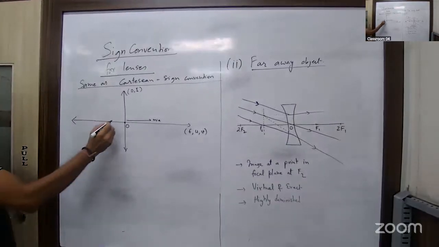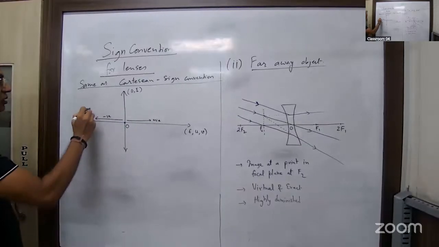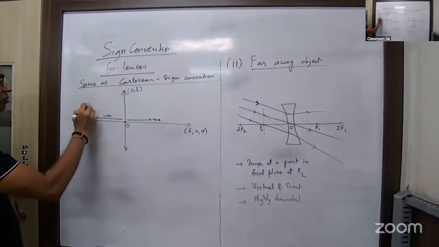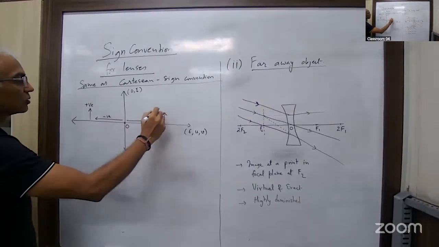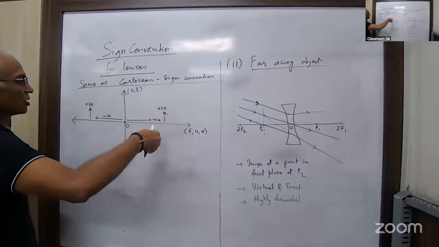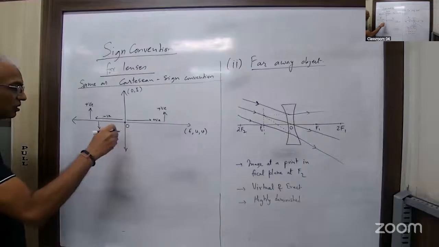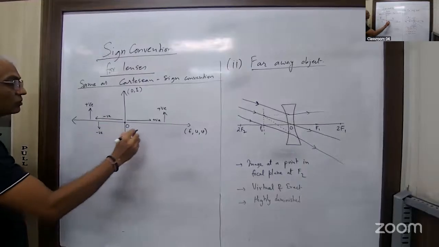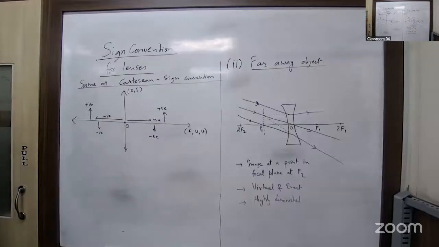All the distances towards left will be negative. Everything above the origin will be positive, and below the principal axis, this will be negative. So this is the sign convention.